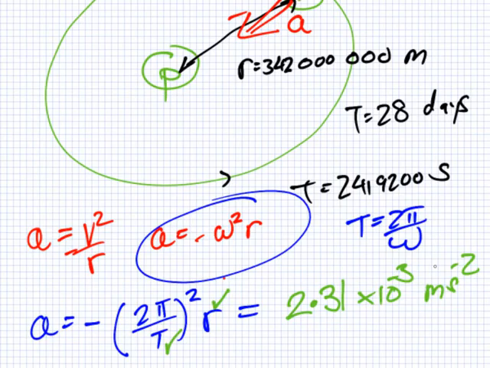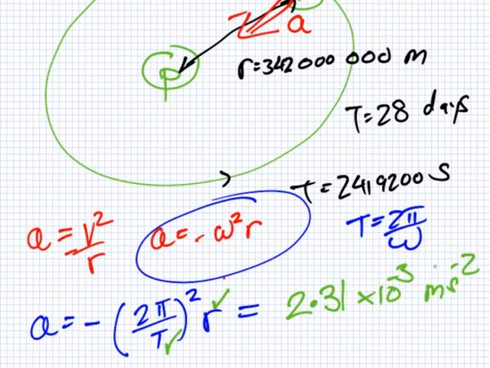We don't feel ourselves moving in a circle because this is so small. This is normal for planets and moons. But this is actually not small enough that you couldn't measure it. If you had a very good instrument, you could measure numbers this small, but we can't feel them.